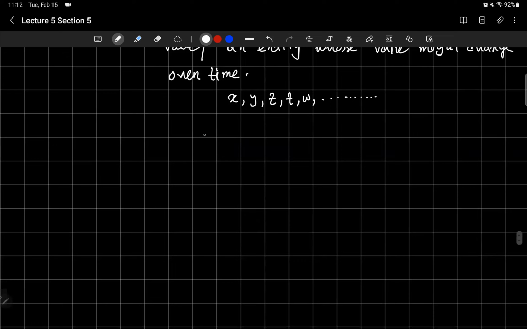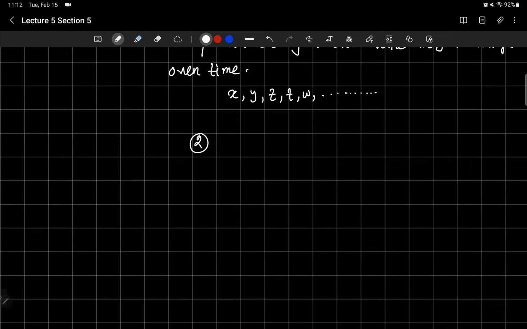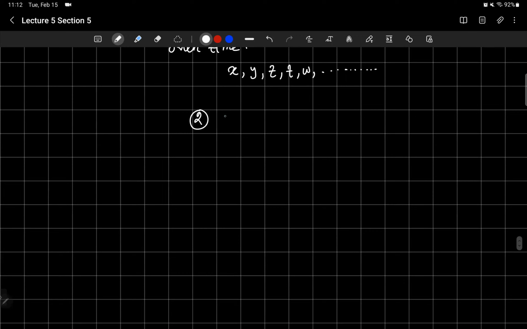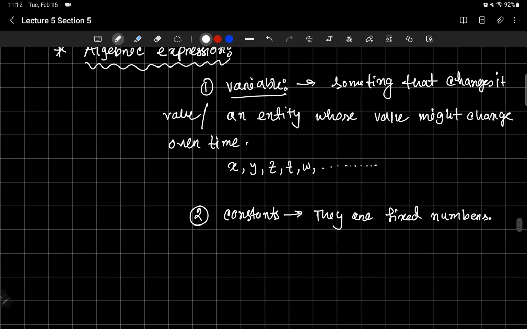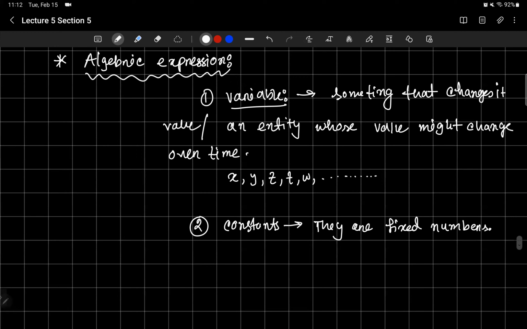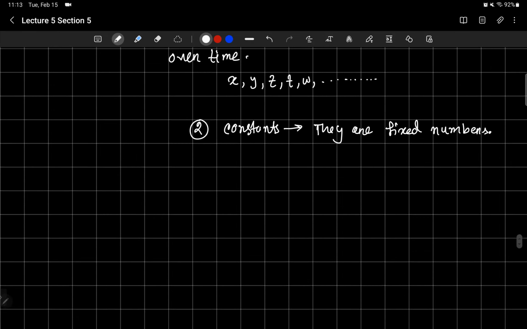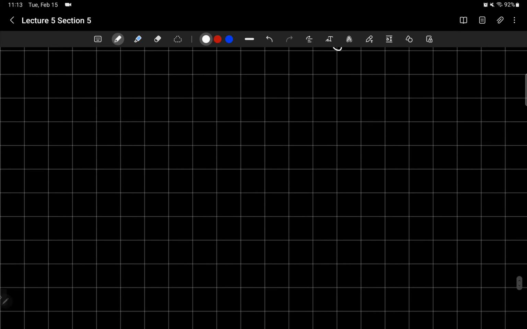Another thing that we encounter when we do algebra is constants. They are fixed numbers. So by using this idea of variables and constants, we can build algebraic expressions that will contain variables and constants.